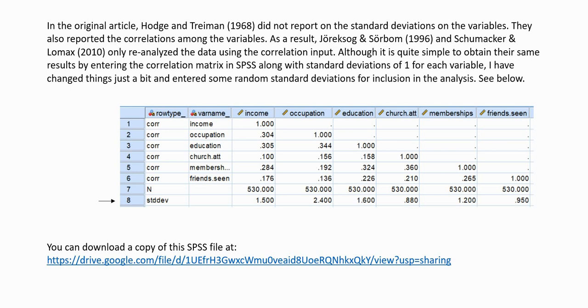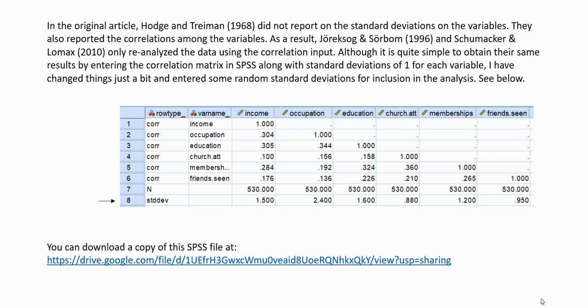There were no standard deviations given, so if we were just analyzing the correlation matrix, we wouldn't be able to obtain unstandardized estimates as we would if we had standard deviations available. So in this particular demonstration I went a little bit further and just put some standard deviations in here. These were not from the article or anything. These are just some numbers that I put in to make this a little bit more realistic.